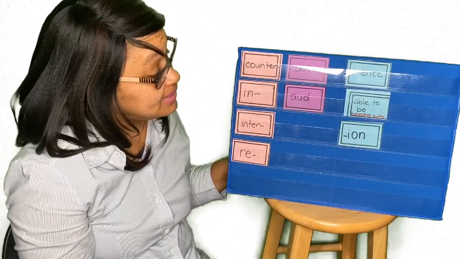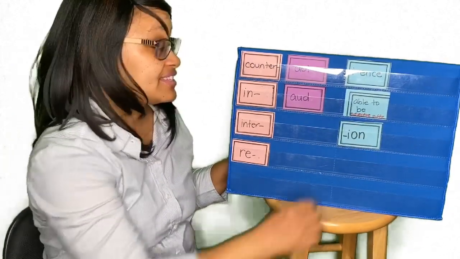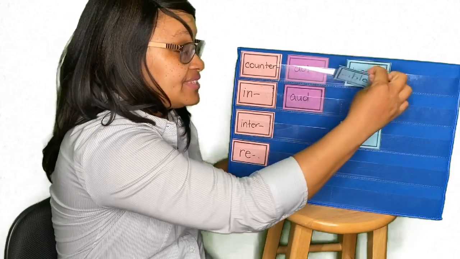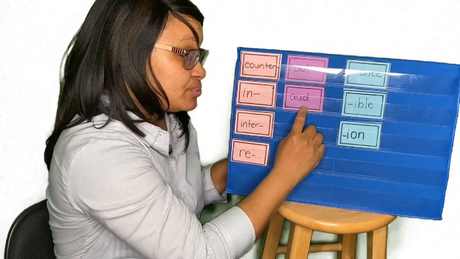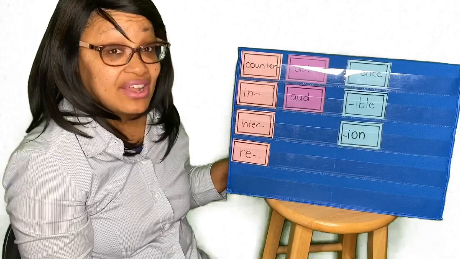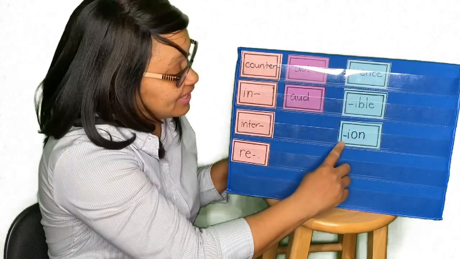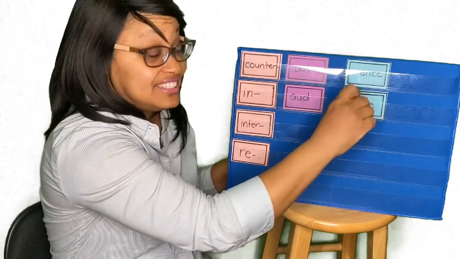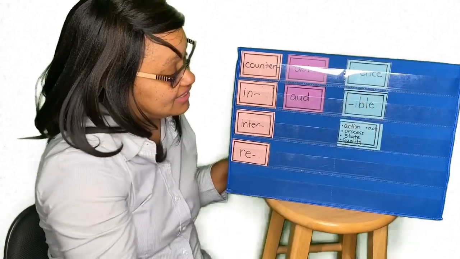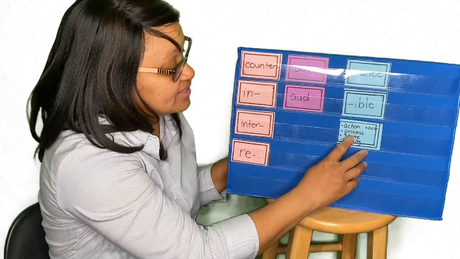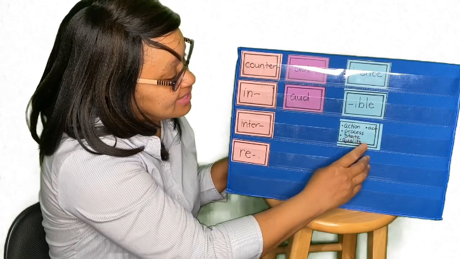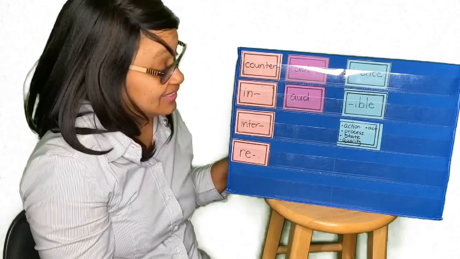Able happens to be an adjective suffix. So when you add this adjective suffix to a root, you modify the root to make it an adjective. And then we have ion, which means action, act, process, state, or quality.